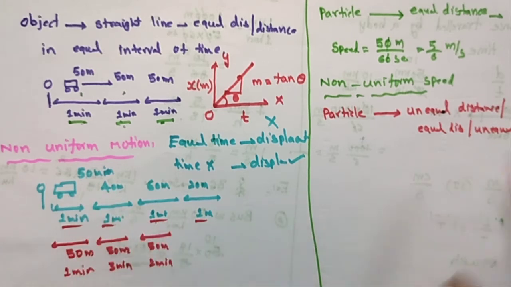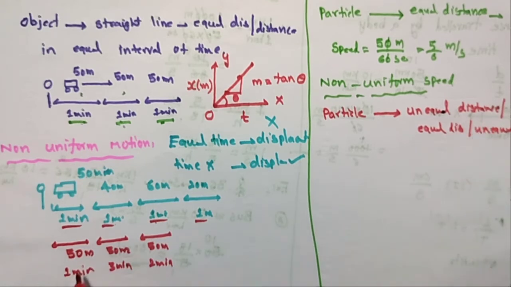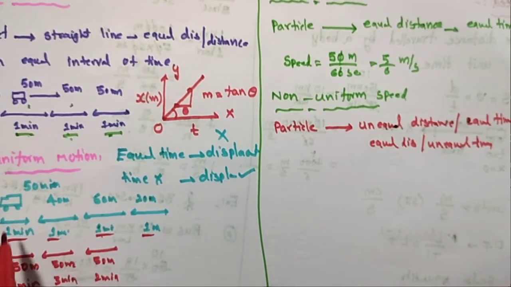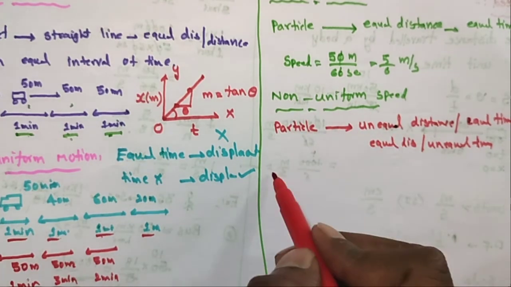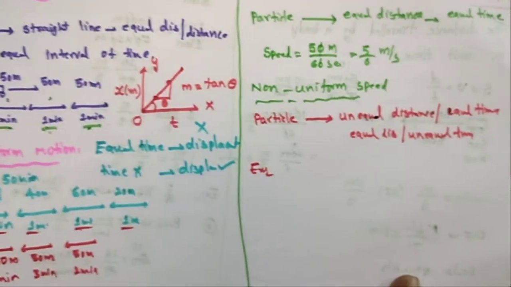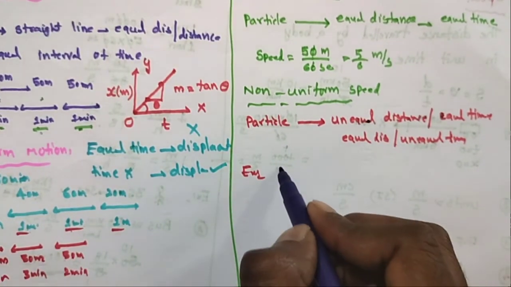Here the time will be equal, the distance will be different. In the second case, the distance will be equal. So the speed of this bus is called non-uniform speed.